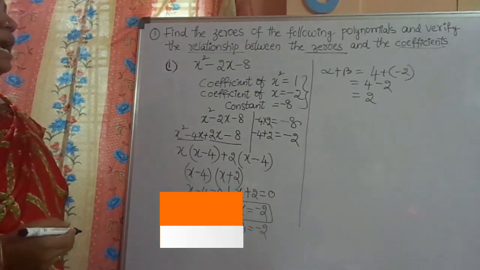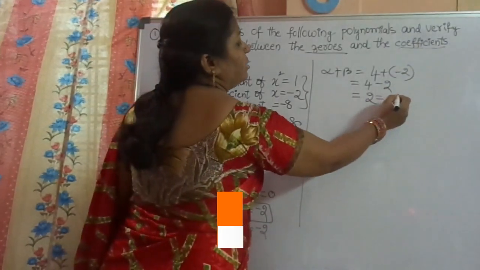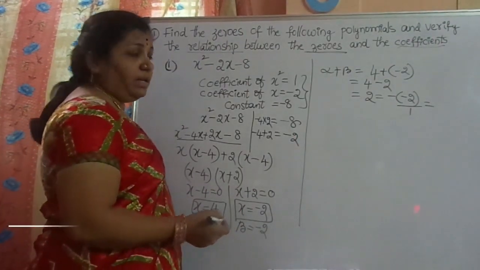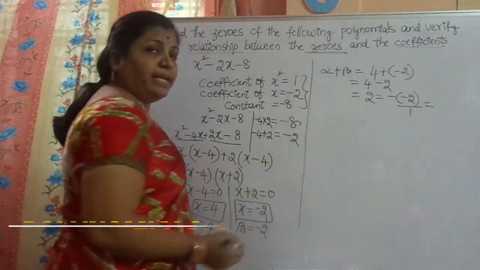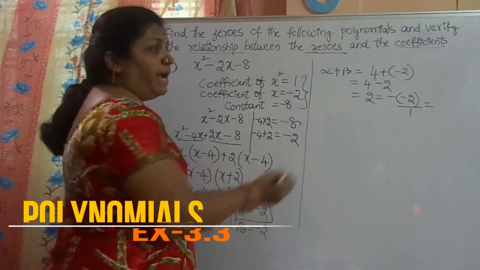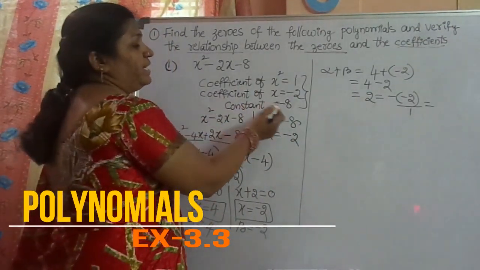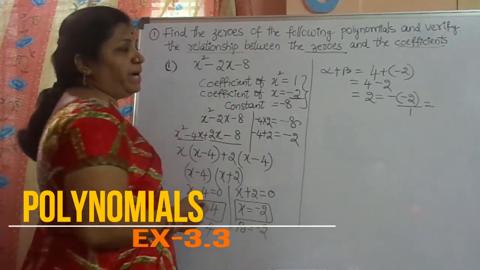This 2, I am writing as minus of minus 2, and in the polynomial, minus of minus 2 gives plus 2. I am writing it as minus of minus 2 by the denominator, which I am writing as 1. See here in the coefficients, which one is minus 2? Here the x coefficient is minus 2.